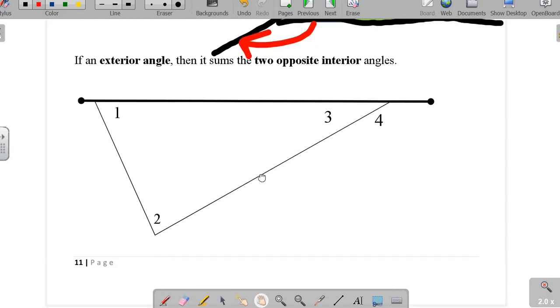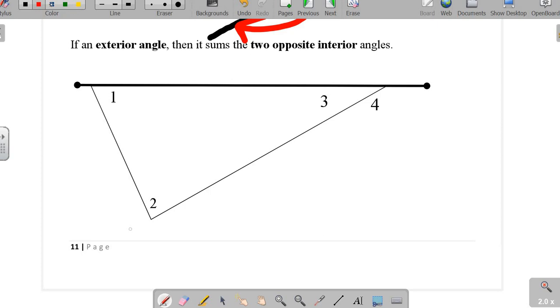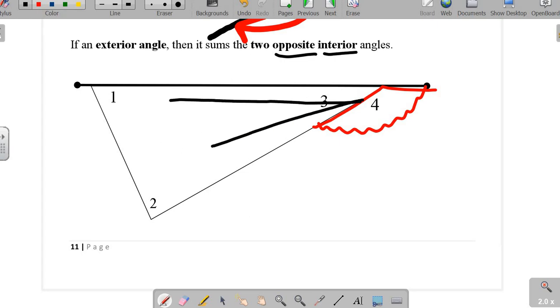And the simple property here is that if you have an exterior angle, any single exterior angle, so in this case that would be angle 4, it equals the sum of the opposite interior. Opposite means far away, but inside. Interior. So angles 1 and 2 are going to add up to angle 4.